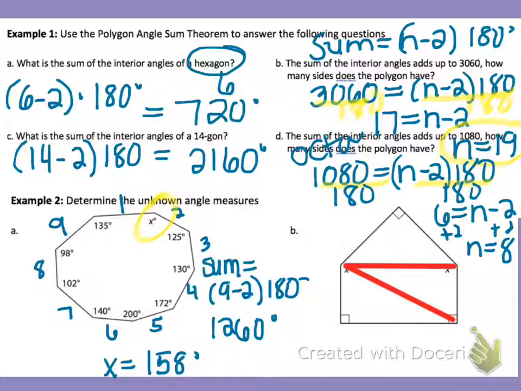So we actually know that all of these angles in this figure add up to, because this is a 5-sided figure, so that's 5 minus 2 times 180, so that's 3 times 180, which is 500. Let's see, I think it's 540. Yep, 540.